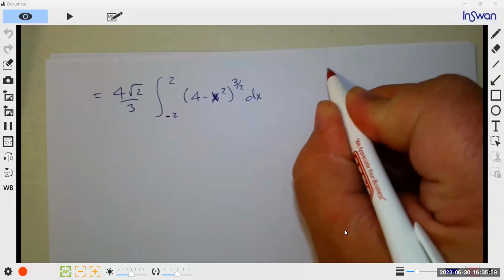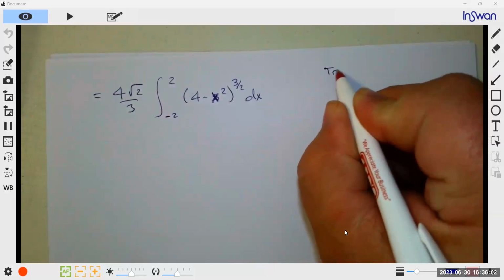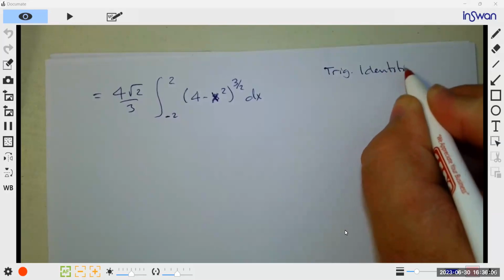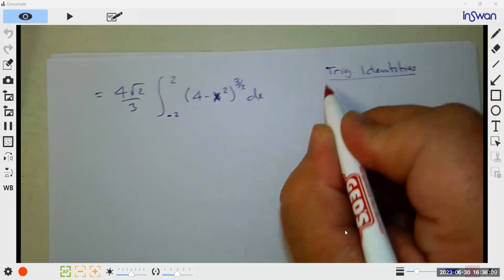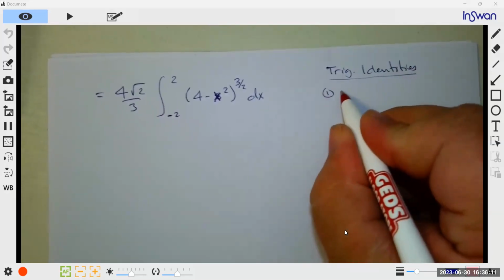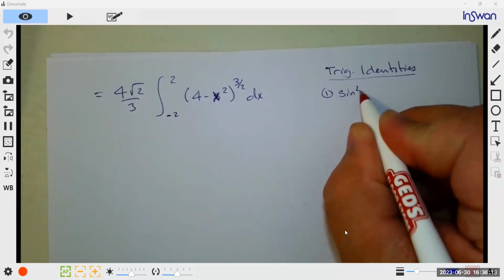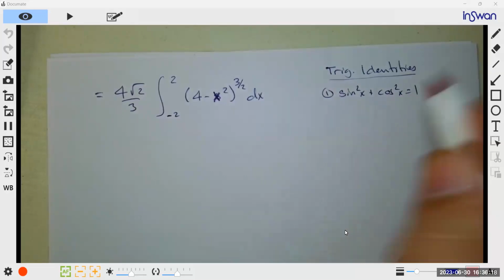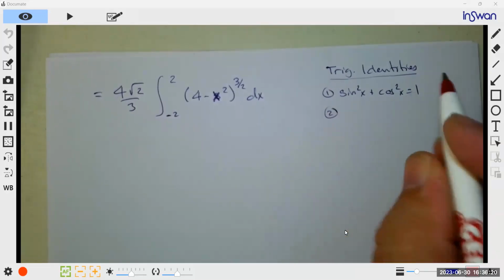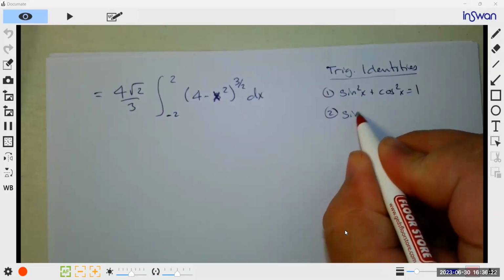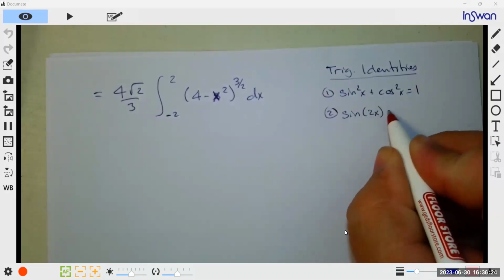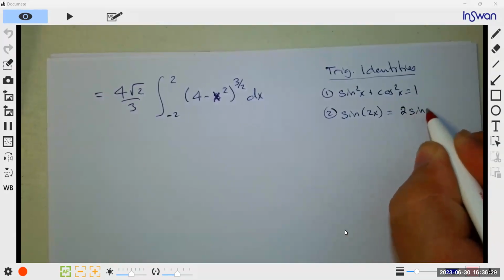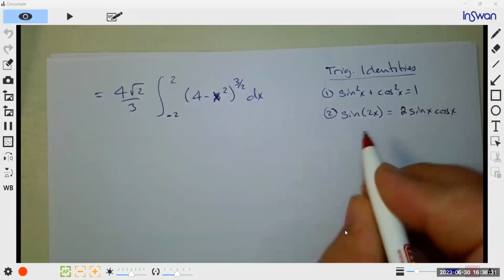First off, let's review the trig identities that we'll be using. Sine squared plus cosine squared equals 1. The double angle of sine is equal to 2 sine x cosine x.